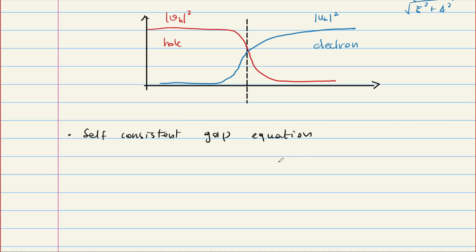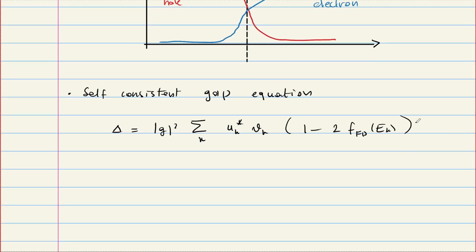So here you can remember this delta was equal to g squared sum over all k. I think we just calculated it, let me not do it again. So this is u star v_k, and this is 1 minus 2f, Fermi-Dirac, of epsilon of k. And this thing is 1 over e to the beta x plus 1, and you can rearrange here, and it's going to be a tangent.